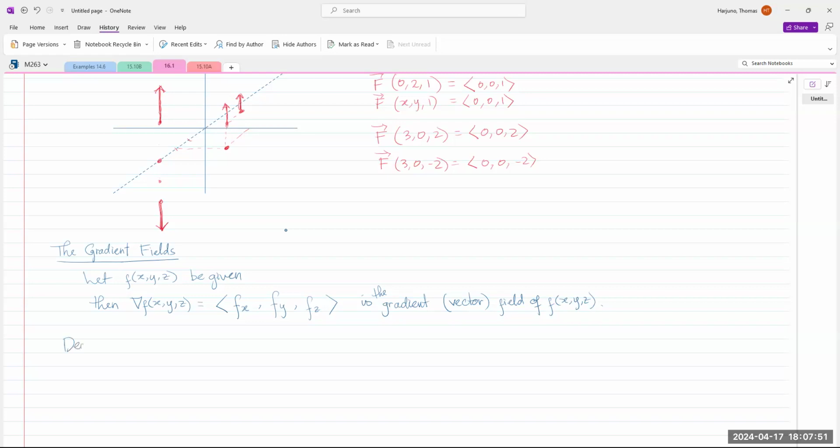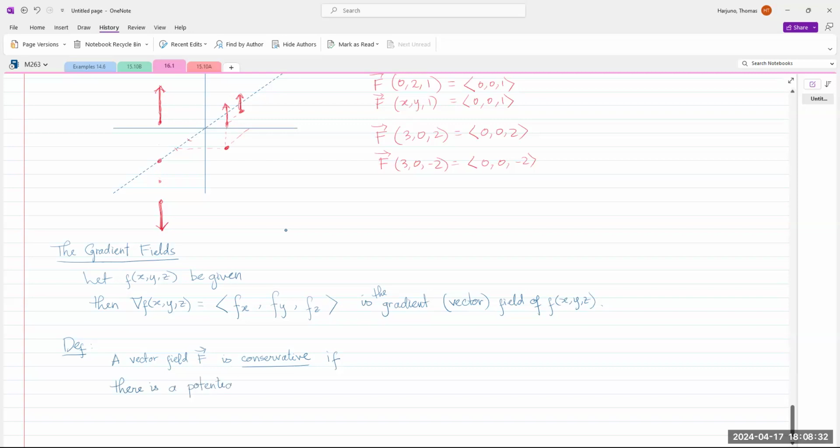Next one, definition. Well, it is related to vector fields. A vector field F is conservative if there is a potential function.